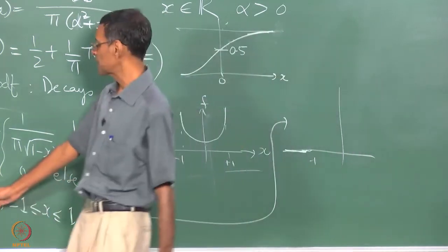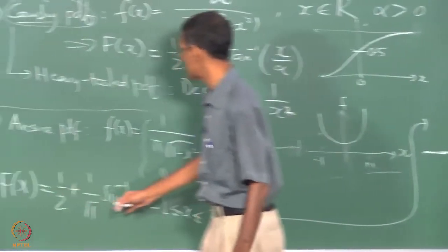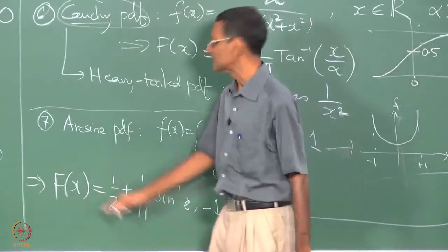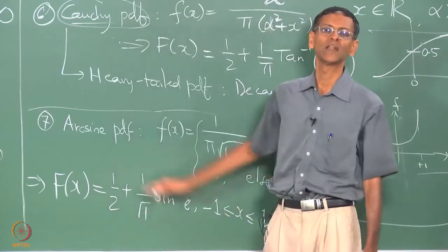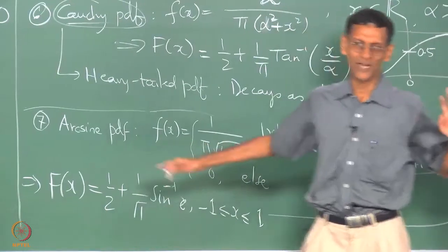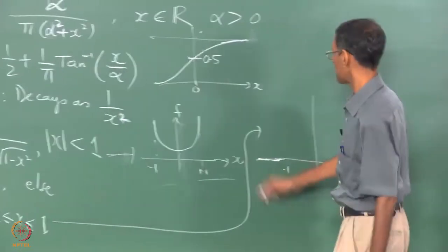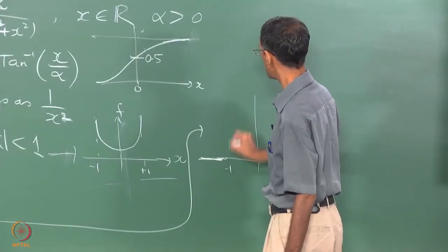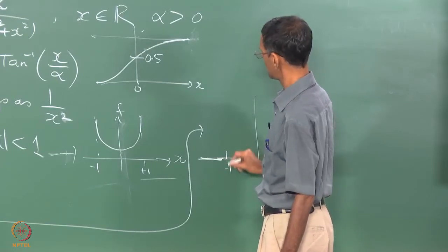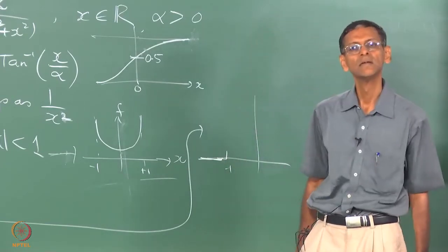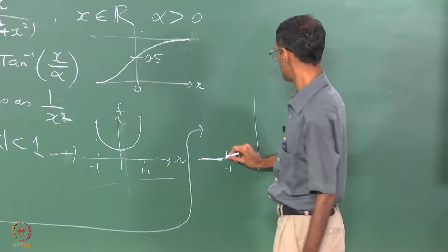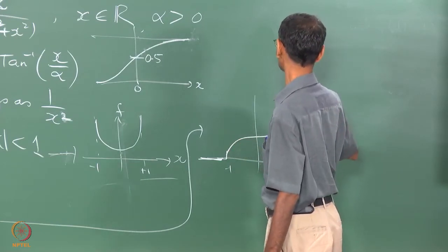So if I want to fully specify this, I have to say F of x is this between minus 1 and 1, F of x is 0 for x less than minus 1, and F of x is 1 for x greater than 1. I am not going to write all that here, I do not think it is needed. We will just plot it. What is the slope at minus 1? It takes off vertically and then does this.